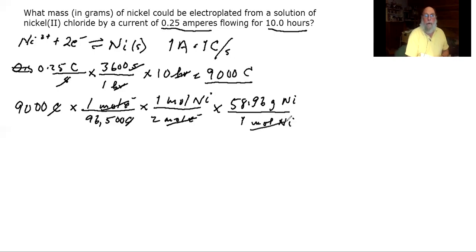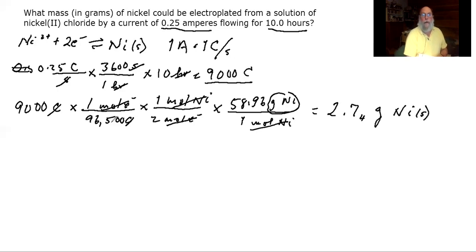And so our moles go away, and we end up with grams of nickel as our final units. And that turns out to be 2.7. 2 sig figs. We can keep 1 insignificant digit as a subscript, grams of solid nickel.